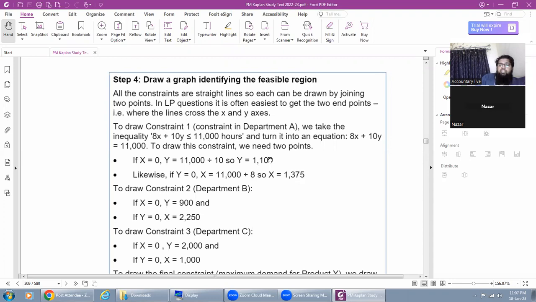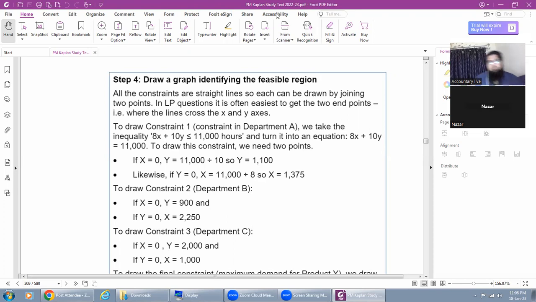To draw constraint 1, for department A, we take the inequality 8x plus 10y less than or equal to 11,000 and turn it into an equation, replacing the less than or equal to by equals: 8x plus 10y equals 11,000.